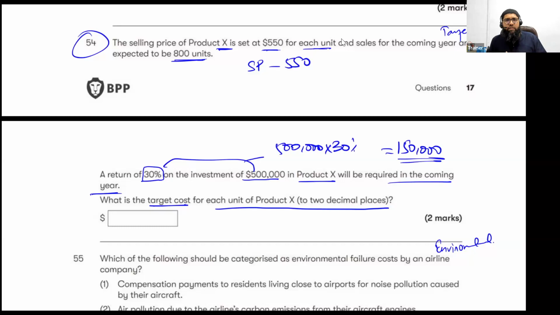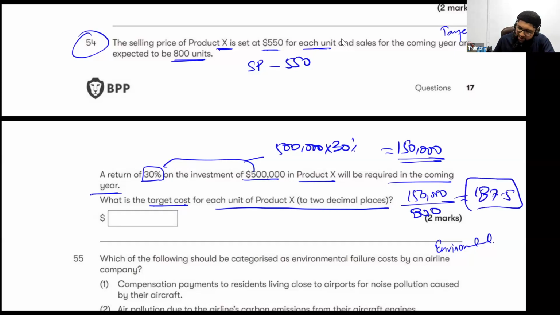So we need to earn 150,000. If 150,000 is the target profit, then 150,000 divided by 800, which is the number of units, gives you 187.5 as the target profit per unit.